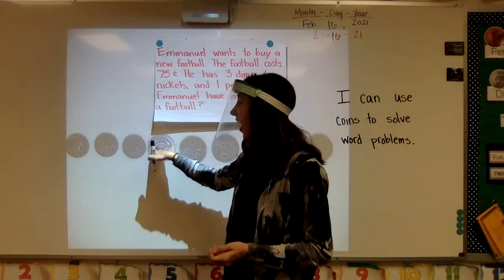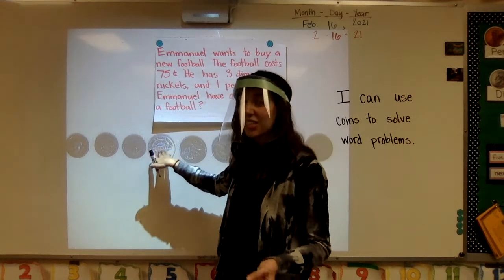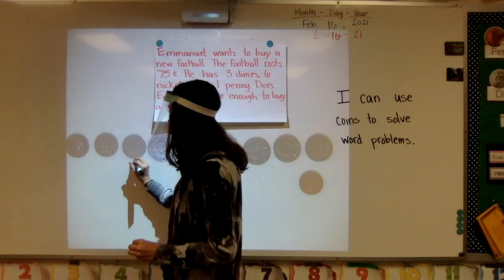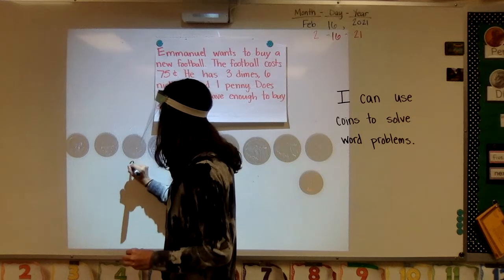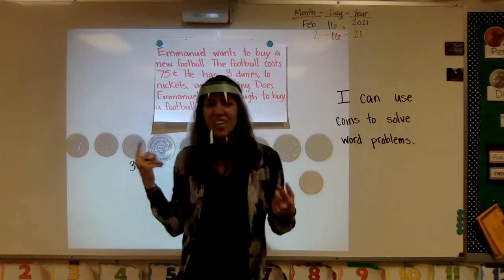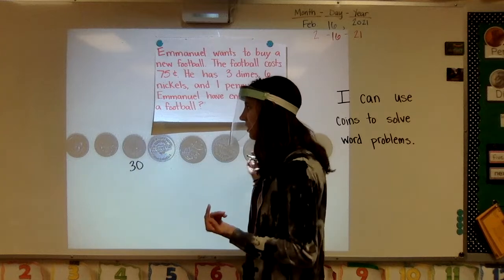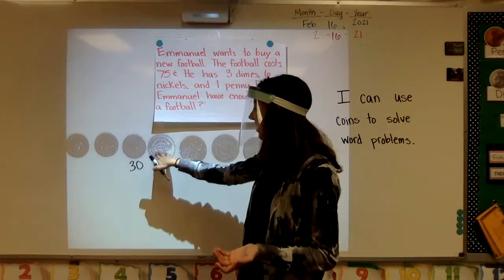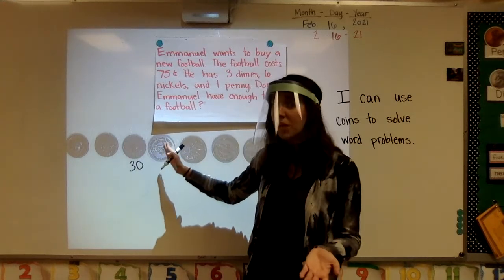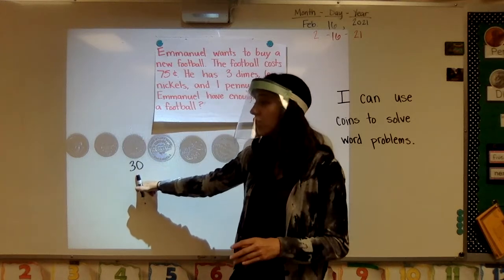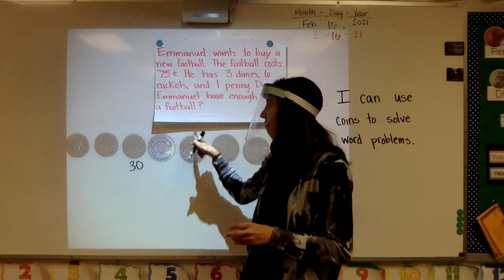I know that I don't have a dime next, so I'm going to stop at 30. And I'm going to write it down underneath so that I don't get confused and keep counting by tens the whole time. Because next, I have a nickel. So I have to stop at 30 and skip count by fives.